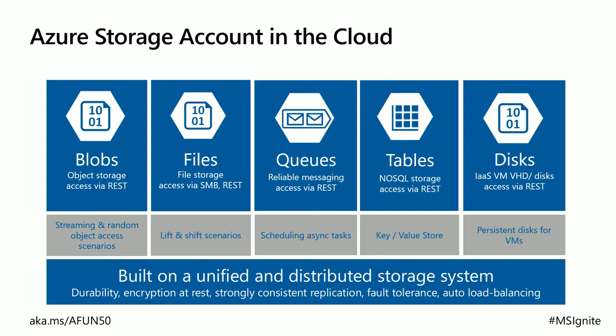So for all of the data, being able to distribute it across multiple data centers or multiple regions, and we'll show some examples of that here in a second. And then all of the auto load balancing, so that no matter how many replicas there are across how many regions, it's the job of the storage platform to make sure that those stay consistent across all of the different instances. The more we can invest in that bottom layer, then the more of that gets inherited up by the individual storage types that you're provisioning.